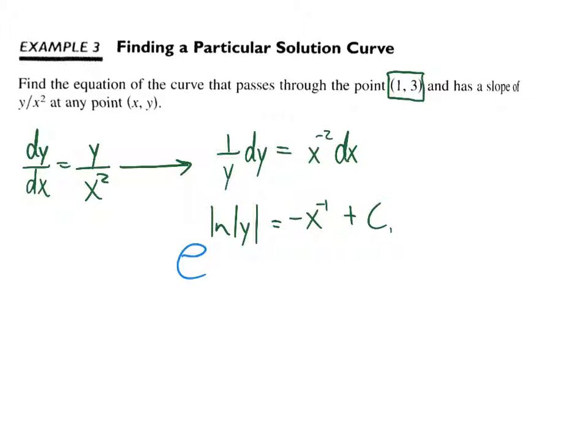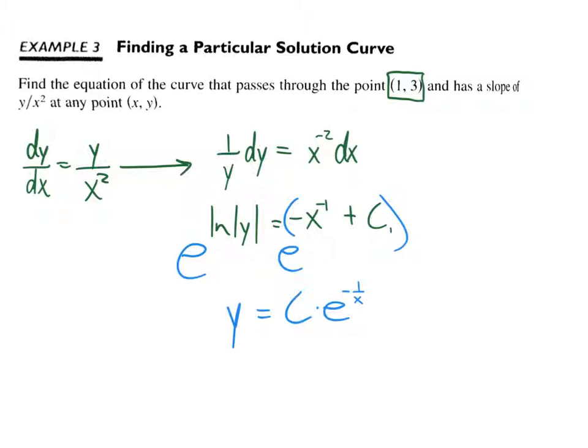If we take this and make these the exponents of e on both sides, that's going to give us y equals e to the negative 1 over x power times e to the c1 power, which I'll go ahead and call C2, or we can actually just call it C because there's nothing else to do algebraically here.